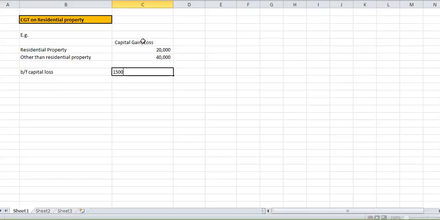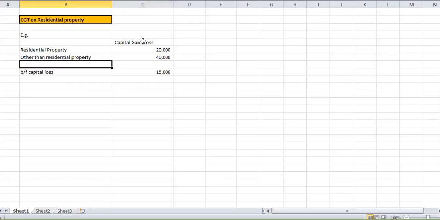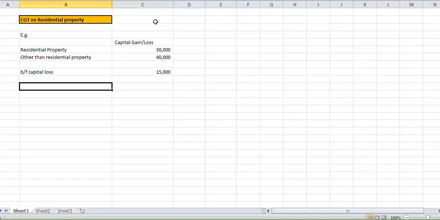So this is a small example. Let's increase our gains a bit.